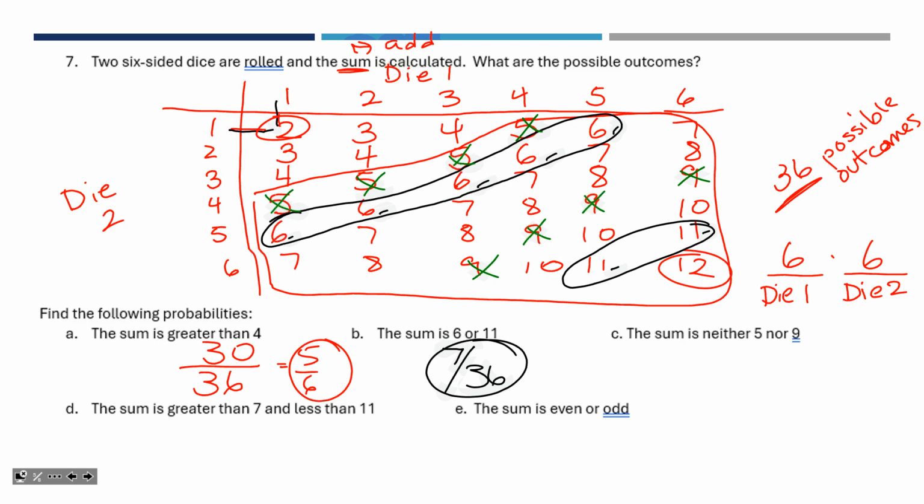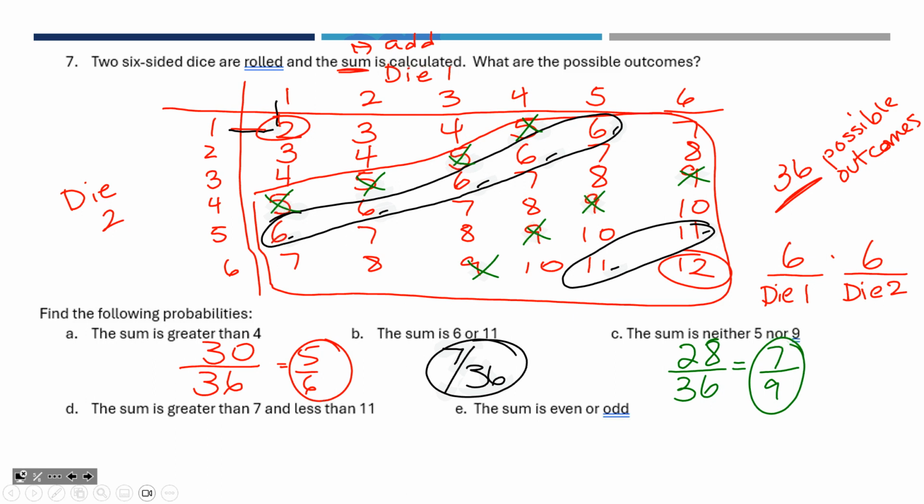It might be easier to count how many numbers I did X out in green. 1, 2, 3, 4, 5, 6, 7, 8, and subtract from 36. So 36 minus 8 is 28. And we can reduce this. I know that 2 go, oh no, you know what, 4 goes into both of these, right? So 28 divided by 4 is 7, 36 divided by 4 is 9. So 7 out of 9.